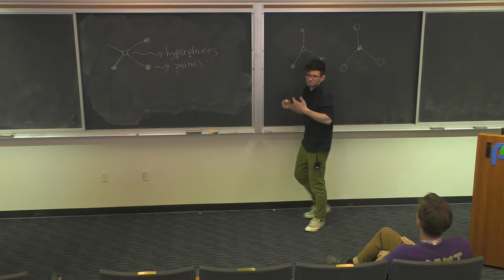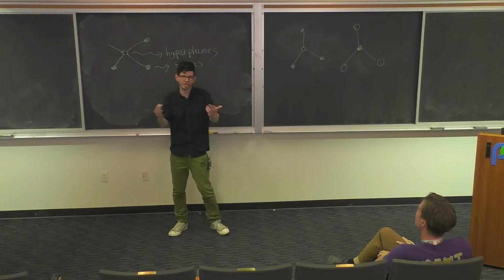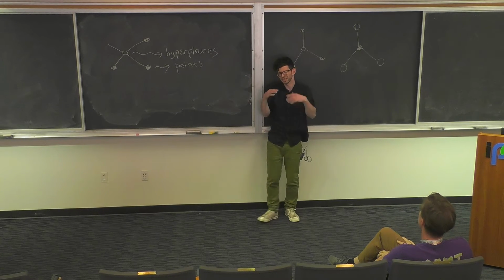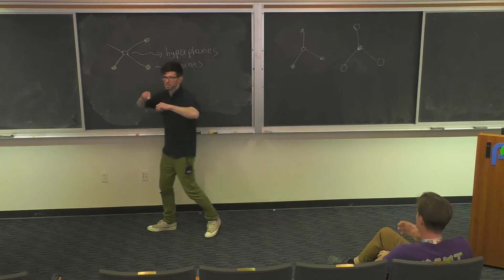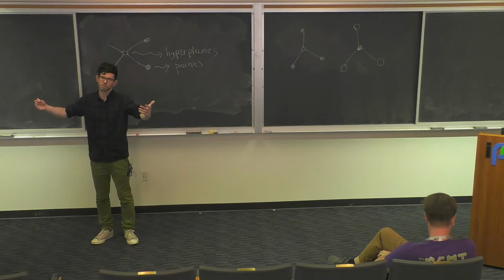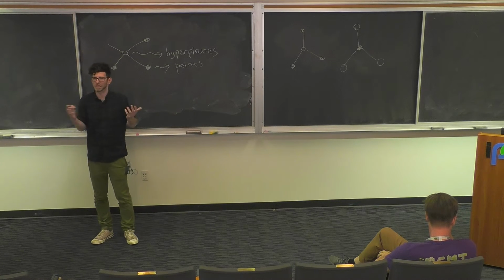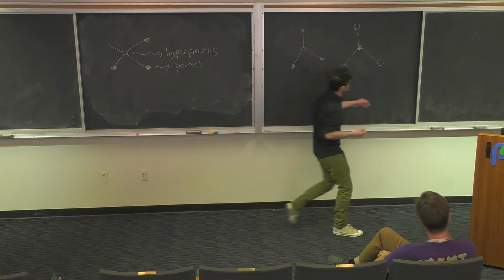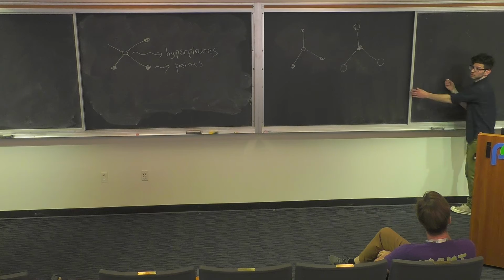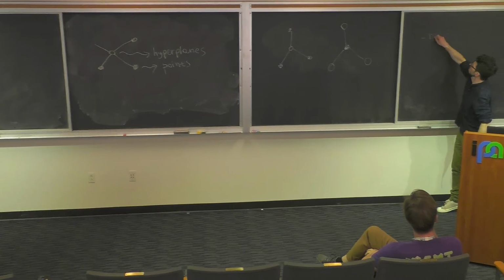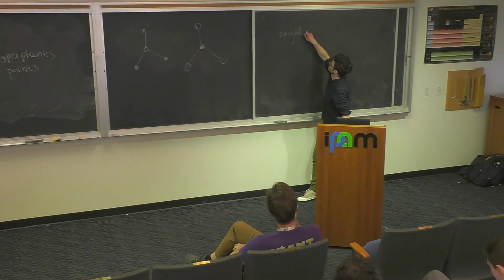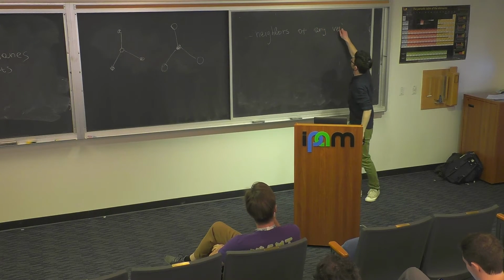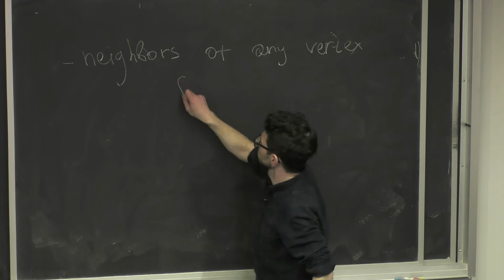What that means, if the dimension is 2, is just that 3 lines meet at a point. Basically, the way you can think of hyperplanes is that they're points in the dual projective space. You impose exactly the same condition on those points. So we could actually phrase it as one single condition. The condition is that the neighbors of any vertex form a circuit.